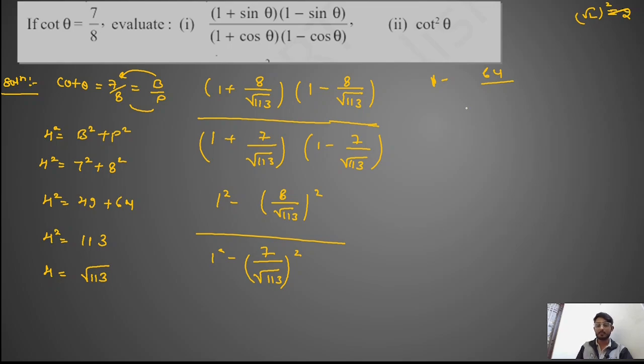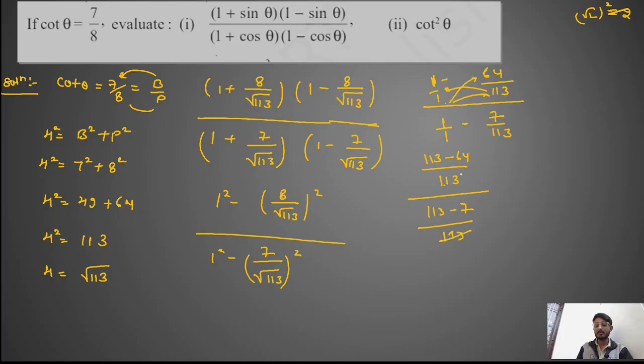That means you will get 113. So you get 1 minus 64 upon 113 over 1 minus 49 upon 113. Here the LCM is 113. Multiplying through, you get 113 minus 64 upon 113 over 113 minus 49 upon 113.